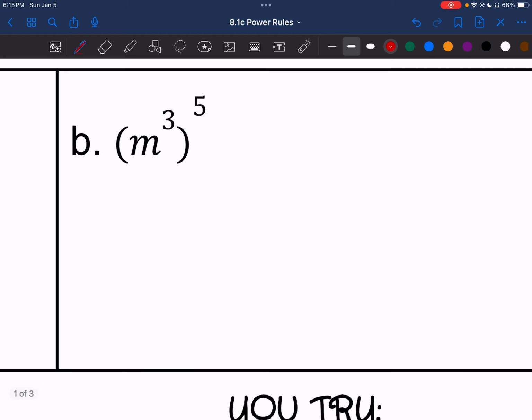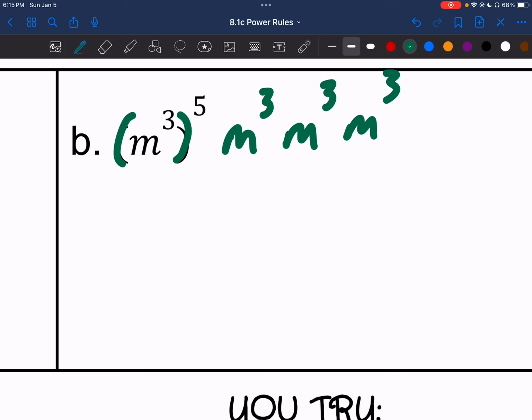Now m to the third to the 5th power. Again, if we were to do this in expanded form, we have 5 m to the thirds. So it'd be m to the third, m to the third, m to the third, m to the third, m to the third.